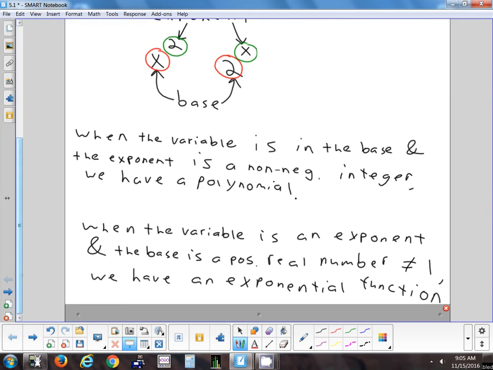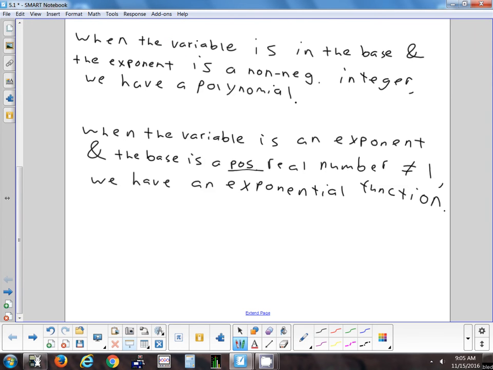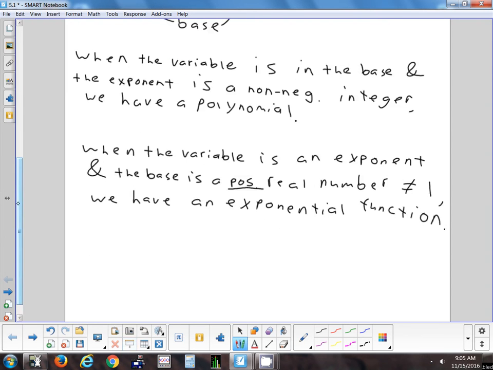All right, let's take a look at what happens if you don't have a positive base. Let's say I had this. So this is not an exponential function. Let's do y equals -2 to the x.